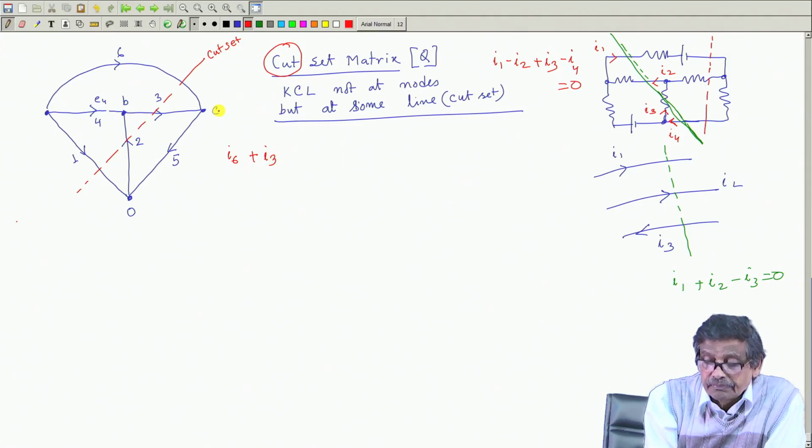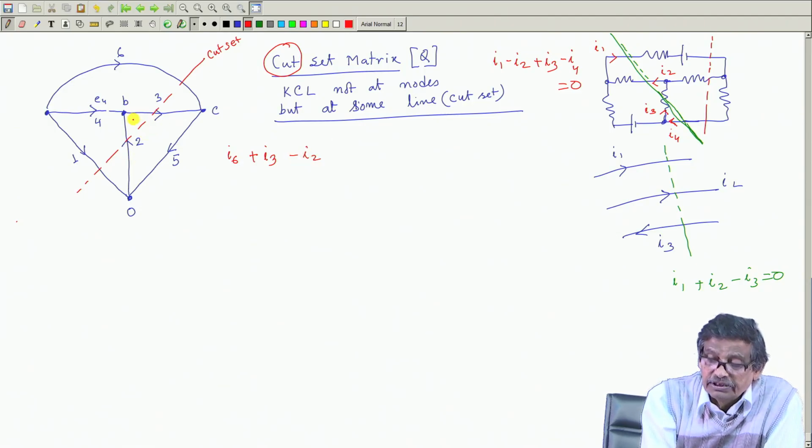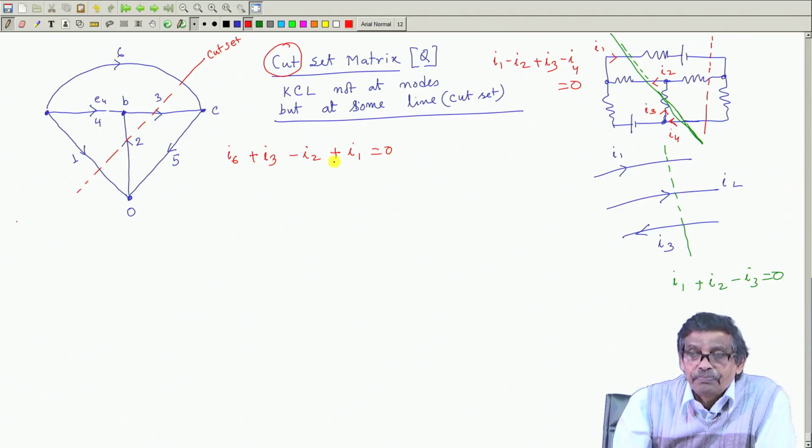Then should I write plus I2 or minus I2? Minus I2. Why? Because it is crossing this line in the opposite sense as I6 and I3 did. So, minus I2, and what about I1? This is the current, so plus I1. This must also be 0.